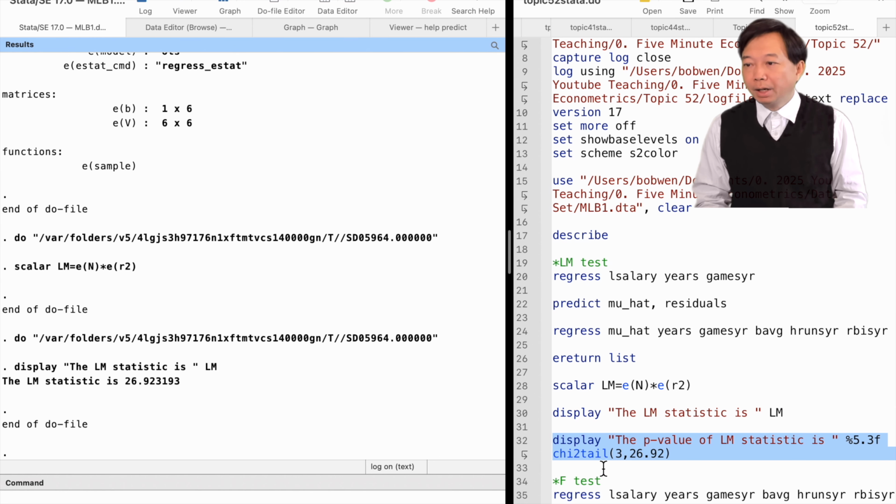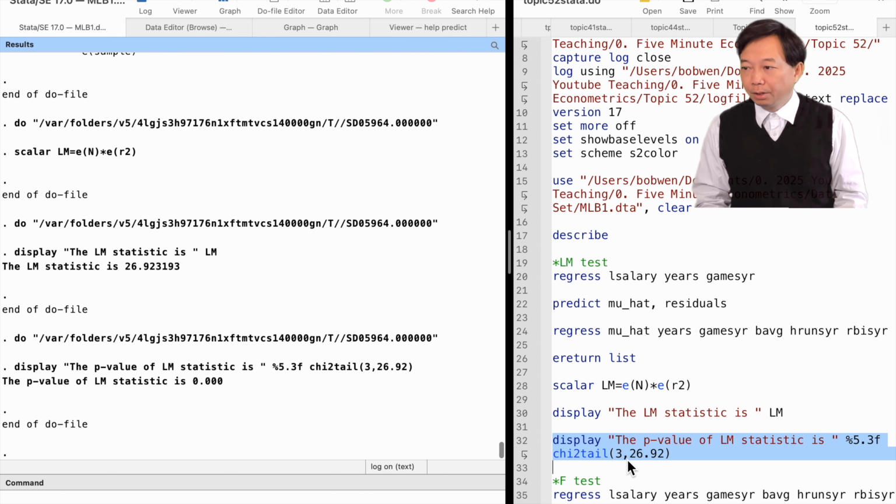Alternatively, we can compute the p-value of the LM statistic using Stata's chi2tail function. It turns out that the p-value is 0 to 3 decimal places. It is strong evidence to reject the null hypothesis.